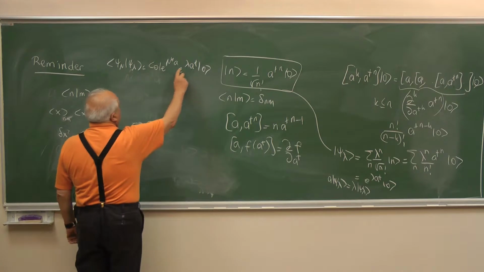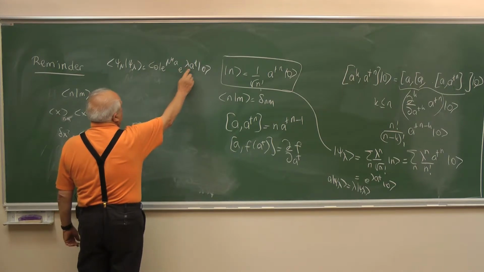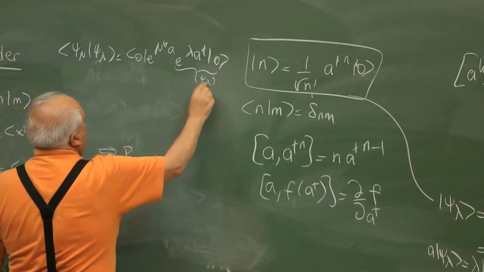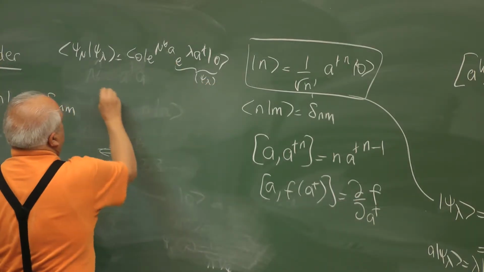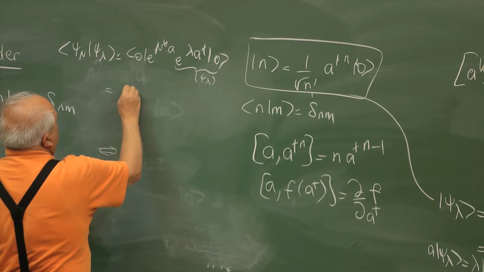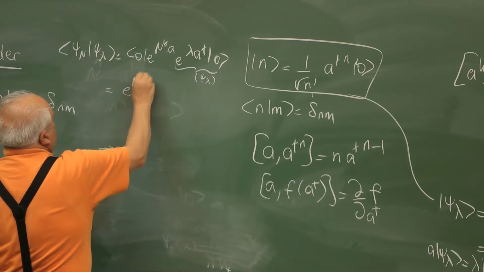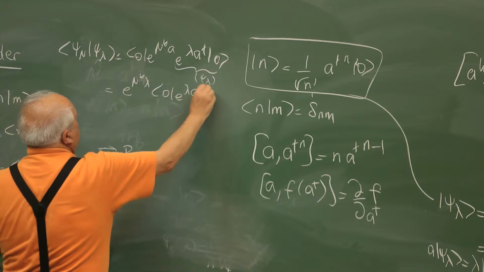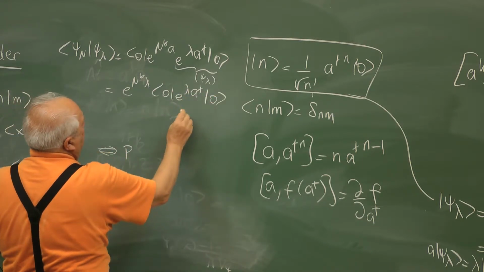So replace a by lambda, because this is psi lambda, and this is an eigenvector of a with eigenvalue lambda. So the result is e to the mu star lambda <0| e to the lambda a dagger |0>.